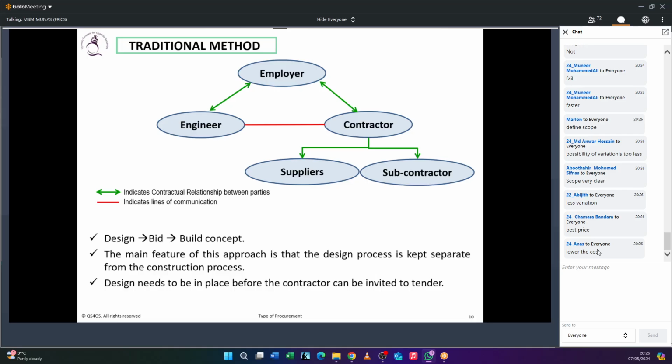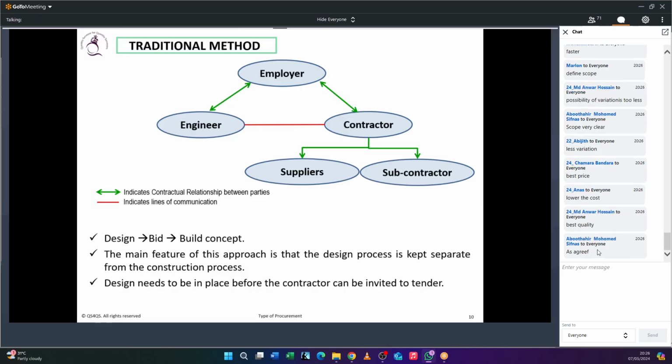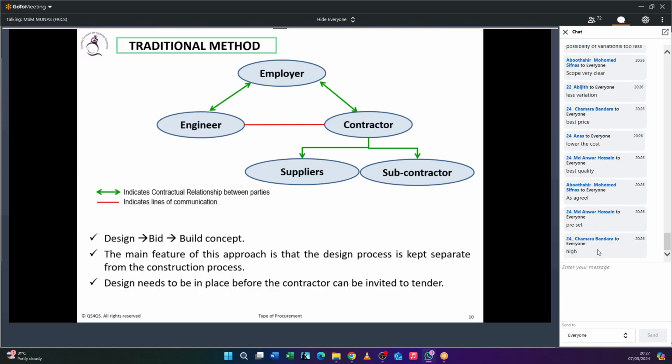Okay. What about quality? The quality will be as expected by the client.